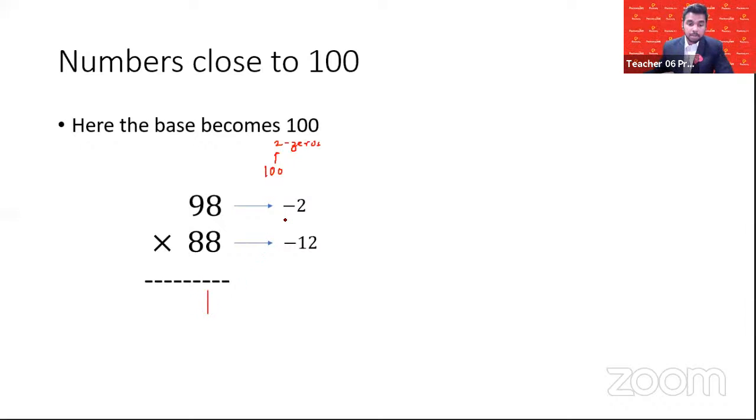What is the two-digit number? It is going to be 2 times 12, which is 24. And then you do cross addition. Cross addition here can be done in two ways. Either 98 minus 12 or you can do 88 minus 2. Which is the easier one? 88 minus 2. So this answer is going to be 8624.